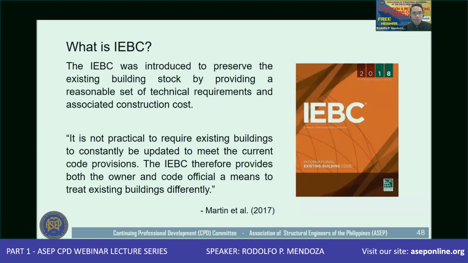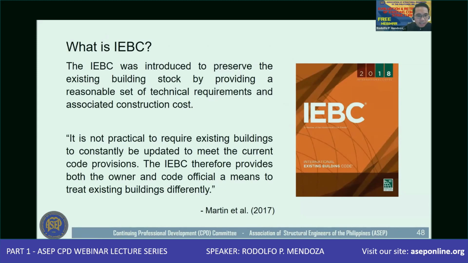Now, I will introduce the International Existing Building Code. So what is this IEBC and what is it not? IEBC was actually introduced with the objective to preserve the existing building stock by providing a reasonable set of technical requirements and associated costs.